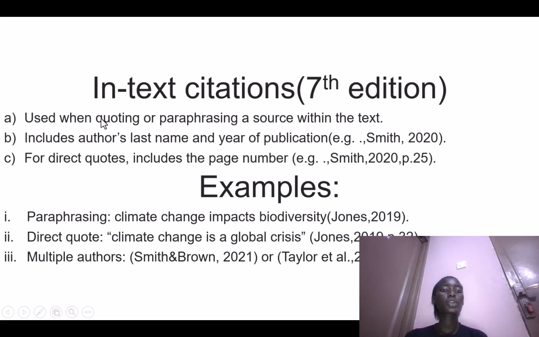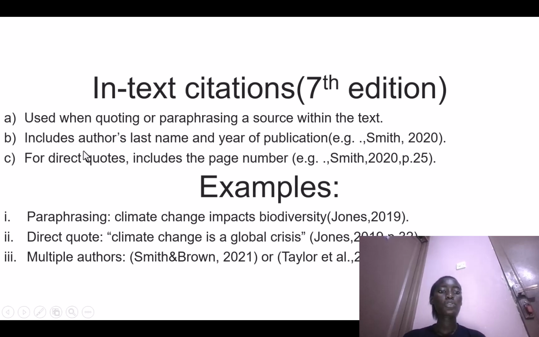It is used when quoting or paraphrasing a source within a text. And paraphrasing is simply changing the words of the author into your own words without changing the meaning. That is mainly what you call paraphrasing.